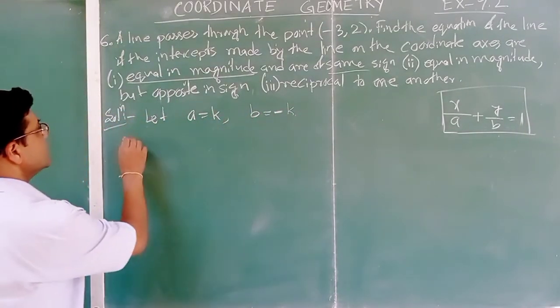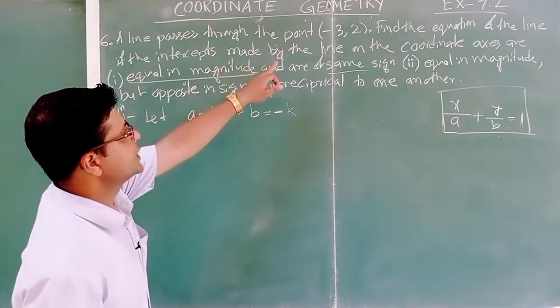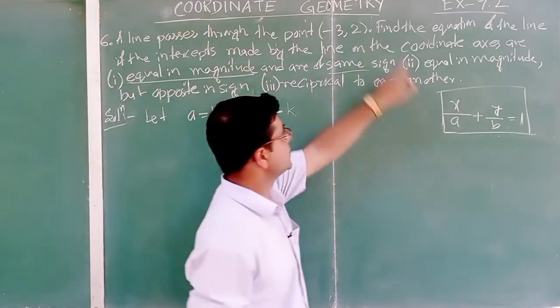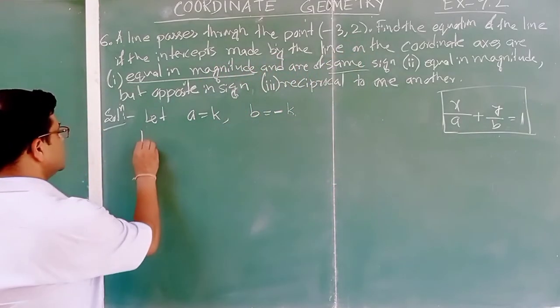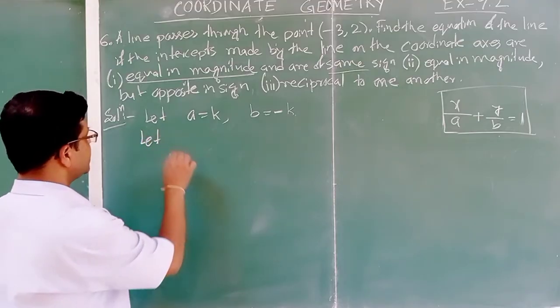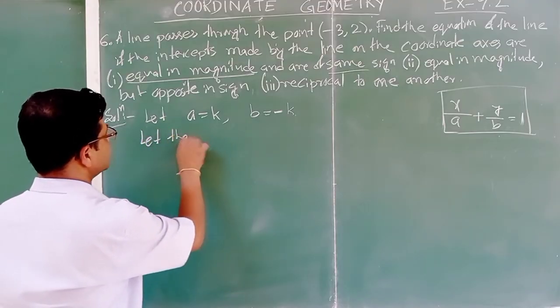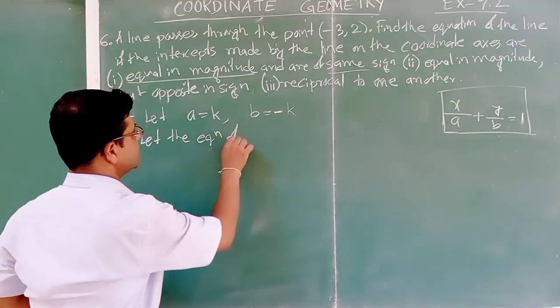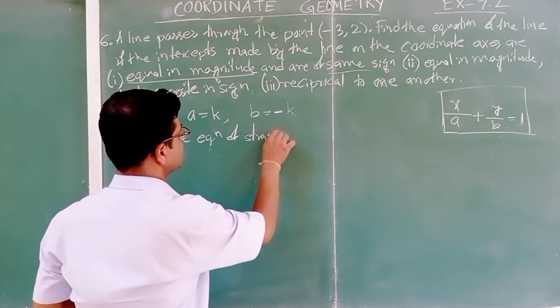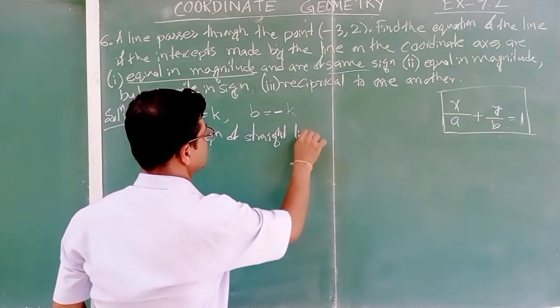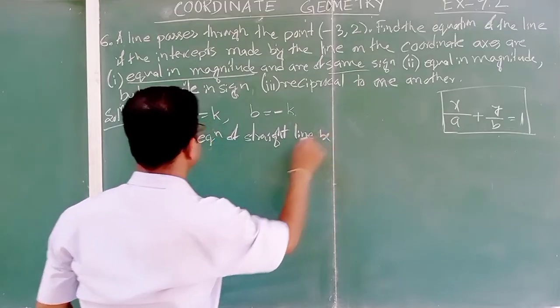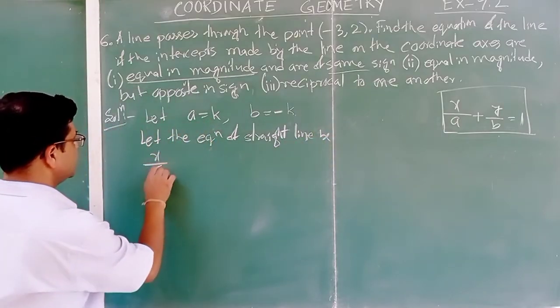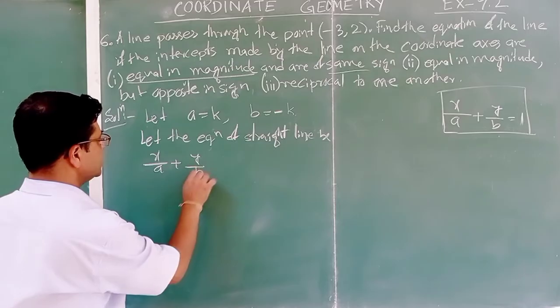So again this equation passes through this point. At first let us write the format of the equation. Let the equation of the straight line be x by a plus y by b is equal to 1.